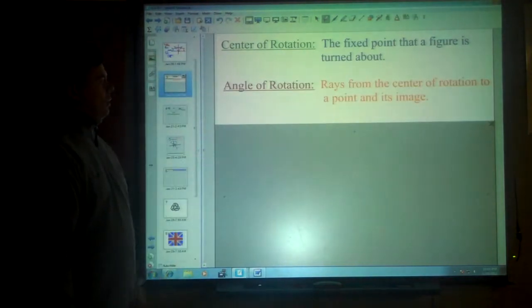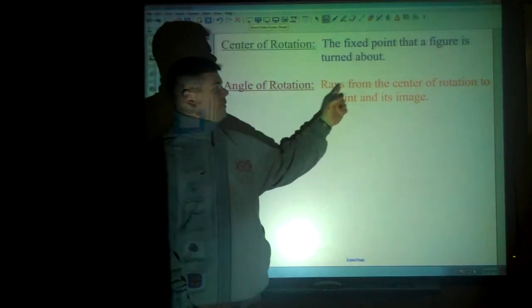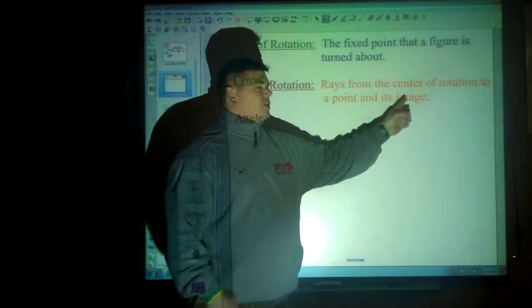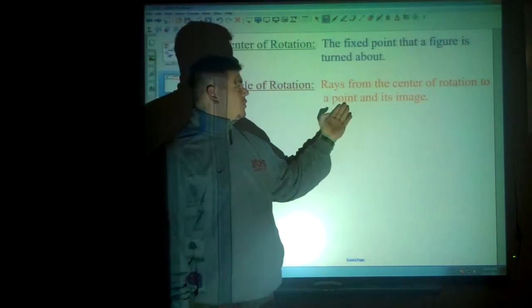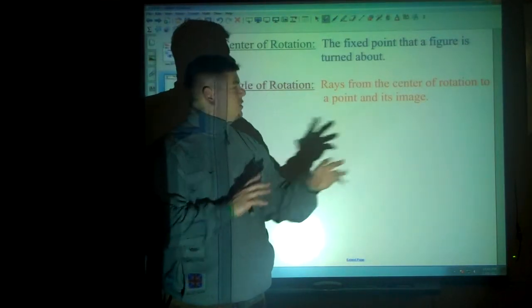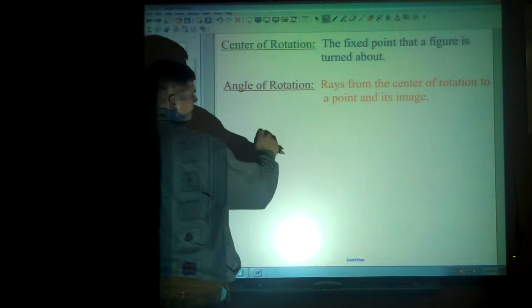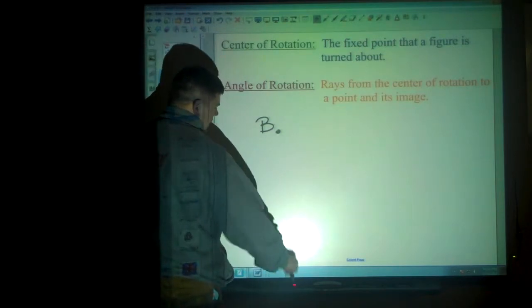We also have the angle of rotation. Now this gets a little trickier for some people. It is the rays from the center of rotation to a point and its image. Now remember, the image is what happens after we transform. So originally you started with a point, and then it was rotated a certain amount of degrees to come to its image. So we might have a beginning point, which we could call B, and here's the center of rotation.